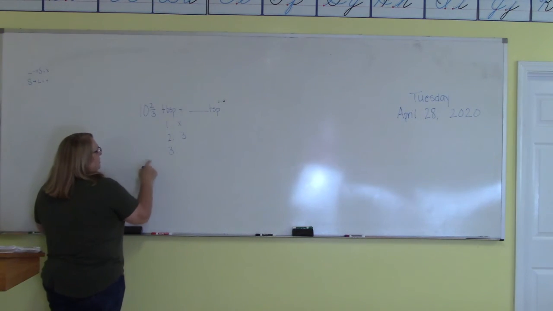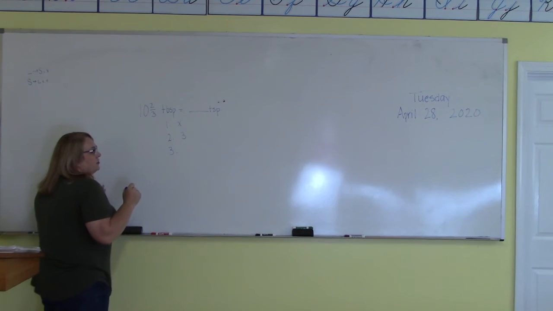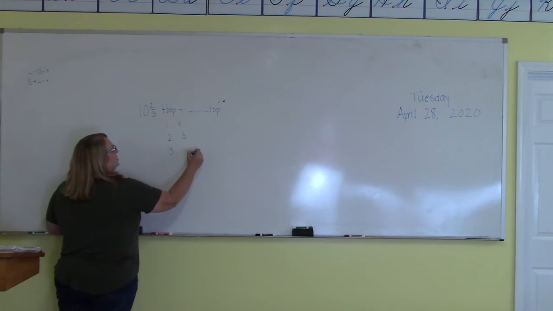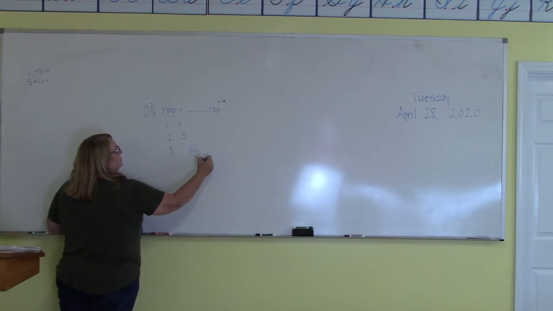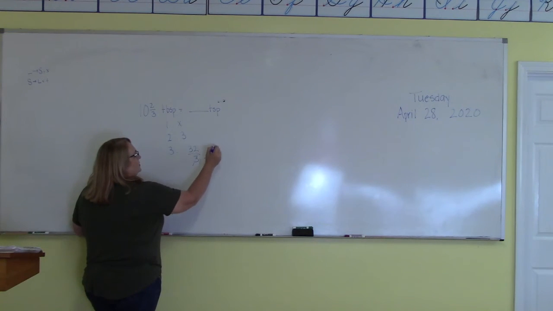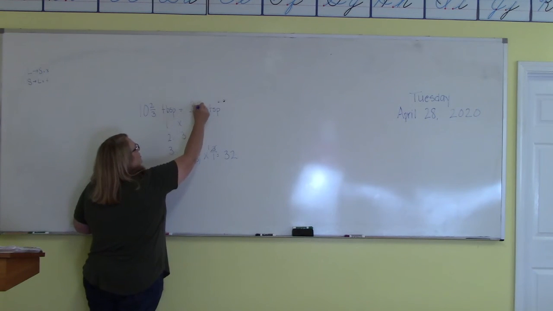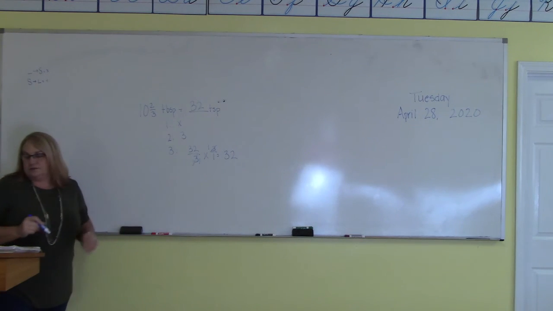Change this to an improper fraction. 10 times 3 is 30 plus 2 is 32 thirds times 3 over 1. 3 divided by 3 is 1. So this leaves 32 teaspoons.